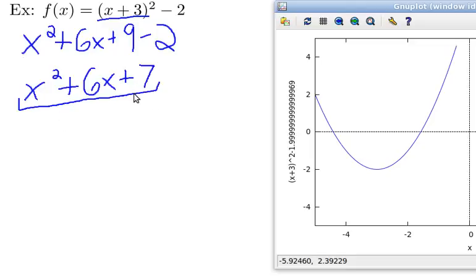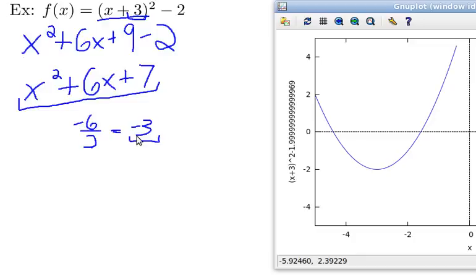And now we can find out where the vertex is going to be using the traditional rule, -b over 2a. I'll just do that much, but I won't go further than that. -b will be -6 over 2a. We'll still have -3, which is what we said would be the x value of the vertex, because we knew we moved it to the left 3 spaces.